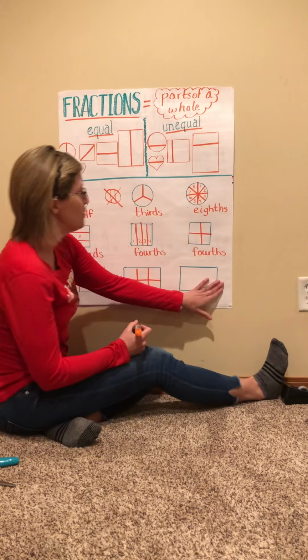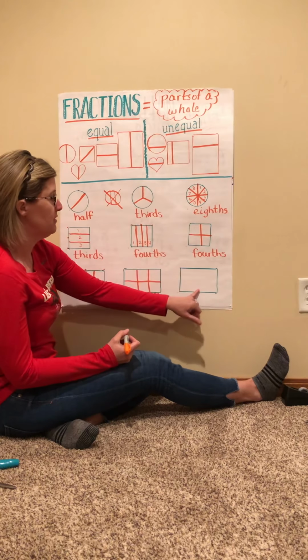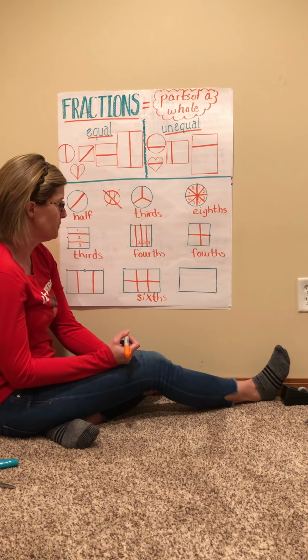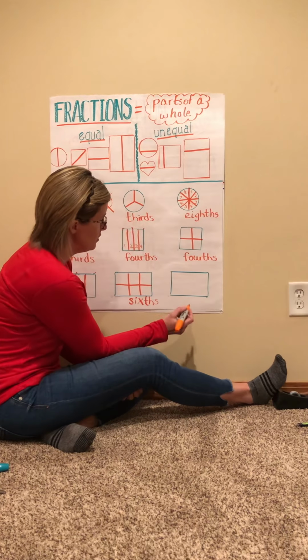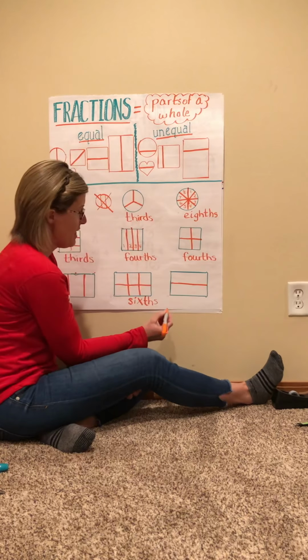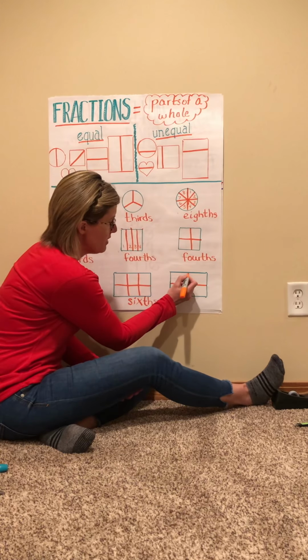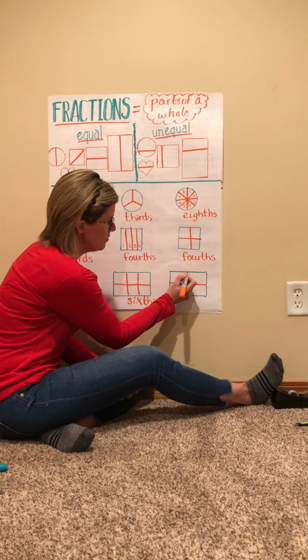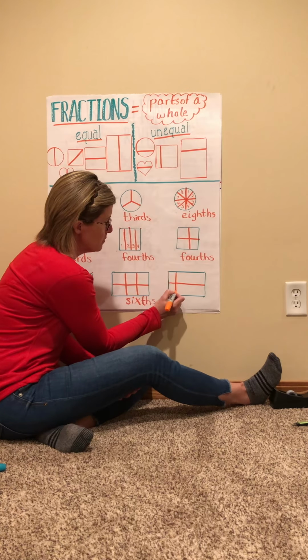Okay, and now this one is going to be our biggest fraction of all. We're going to divide this into 10 parts. So I'm going to go across, and then I'm going to draw 4 lines going up and down.